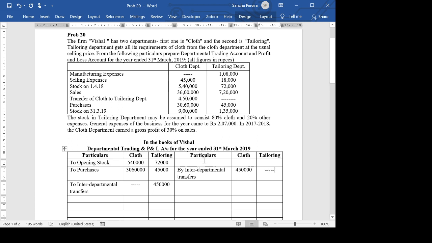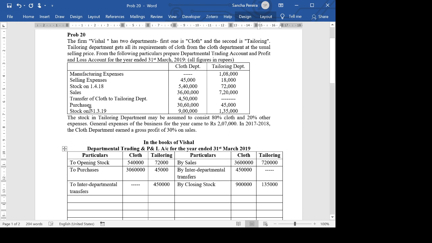Then we also have by sales. The sales are 36 lakhs and 7 lakhs 20,000. And finally, we have the closing stock. By closing stock, 9 lakhs and 1 lakh 35,000.